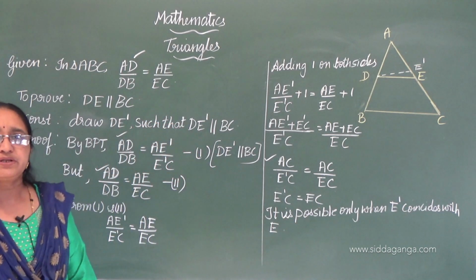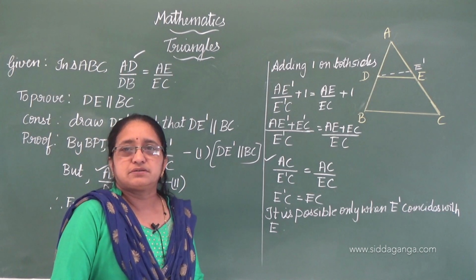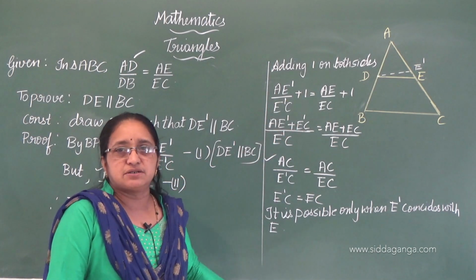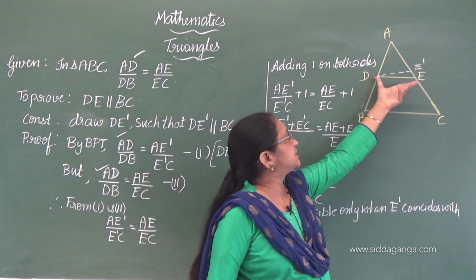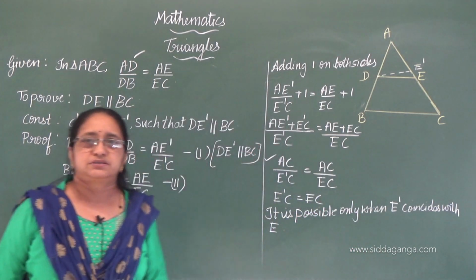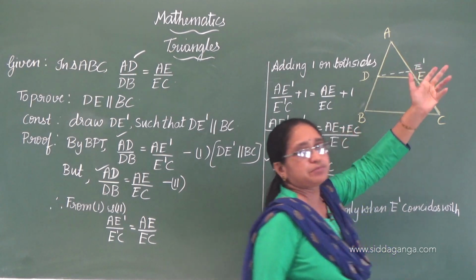When E dash coincides with E, see, we had taken DE dash parallel to BC. So, since E dash coincides with E, definitely we can say that DE is also parallel to BC. Yes or no? E dash and E are the same point.